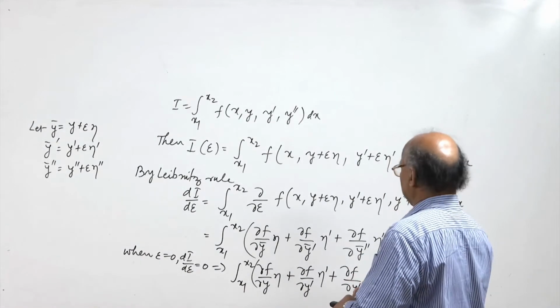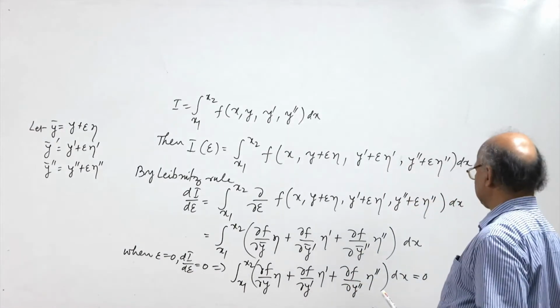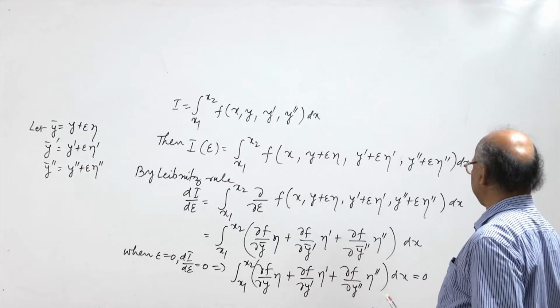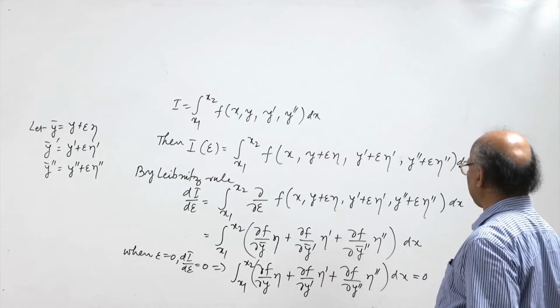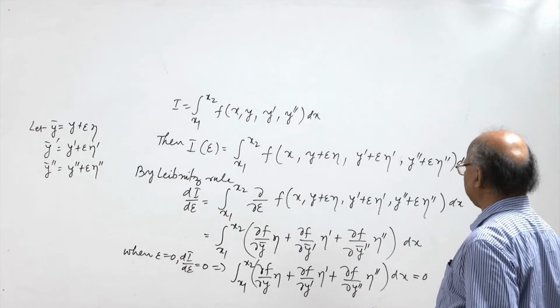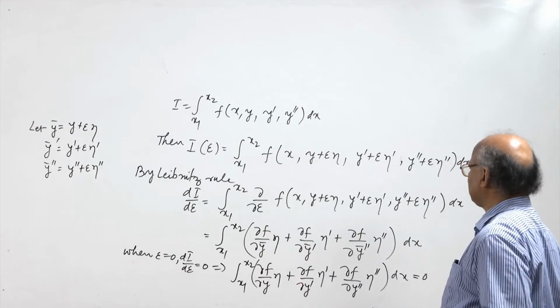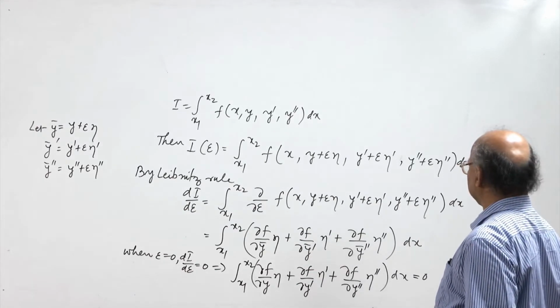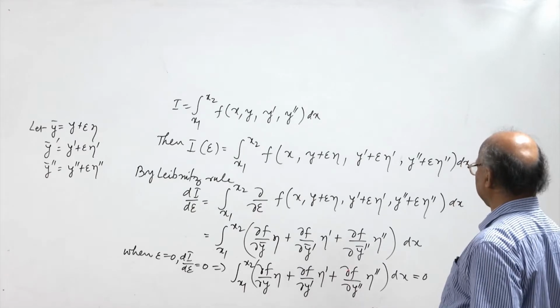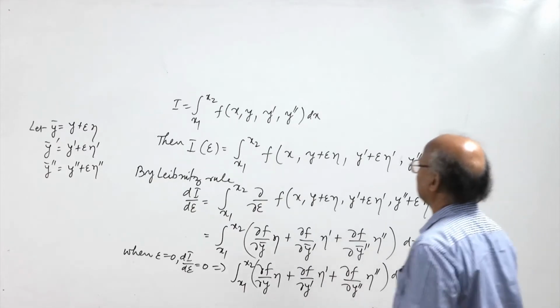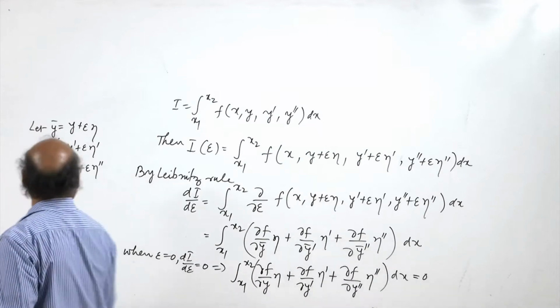Now we will integrate the second term and the third term by parts. The second term will be integrated once by integration by parts, and the third term will be integrated twice by parts. So let us see what we get.